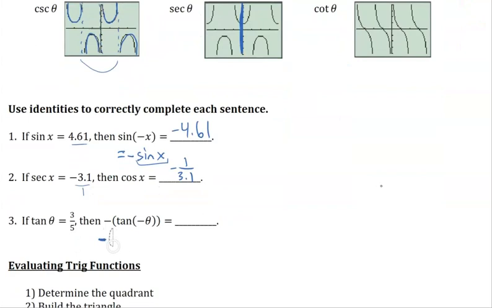So inside the parentheses here, tangent of negative theta is equal to the opposite of tangent theta. And now I have negative times negative, that's just positive tangent theta. So the opposite of tangent of negative theta is the same as tangent of the original theta, so 3/5.